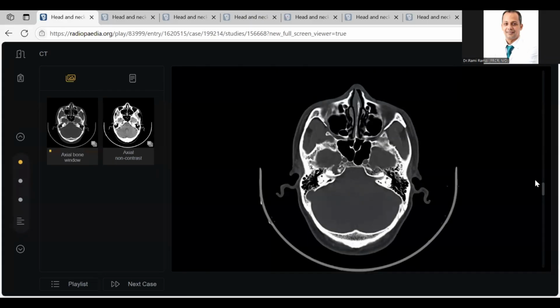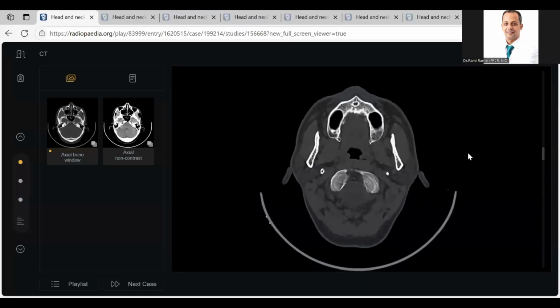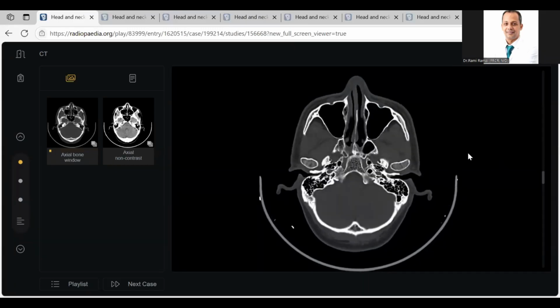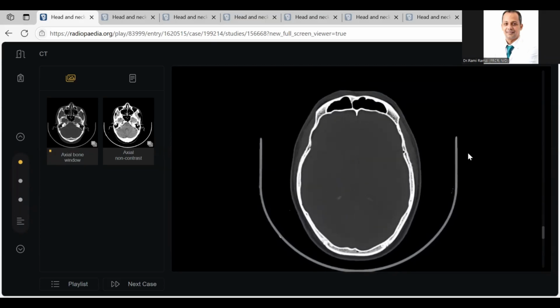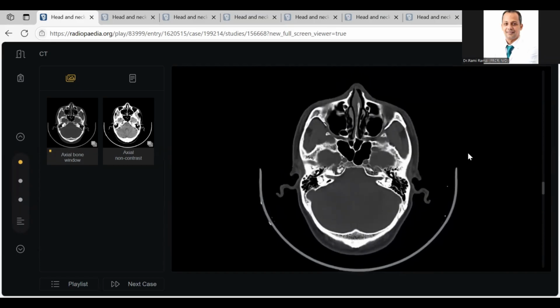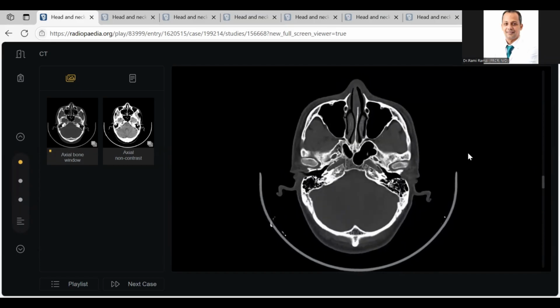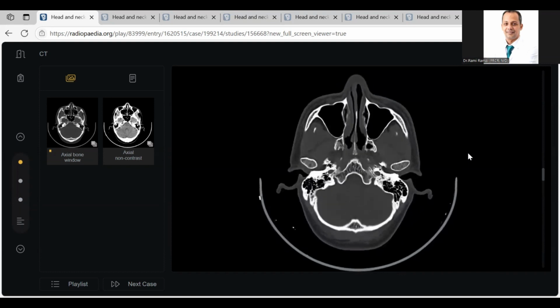If you told the examiner, I couldn't find any abnormality, this means you revised and searched well. Why? I give you a bone window, so it must be a bony lesion, something well picked up from the bone window.